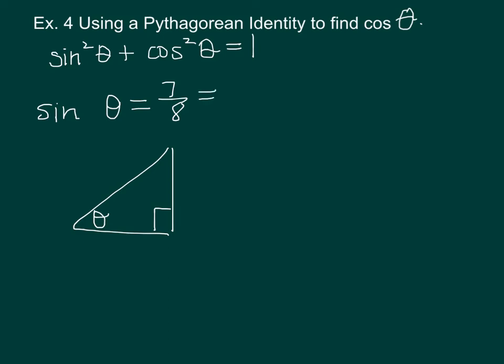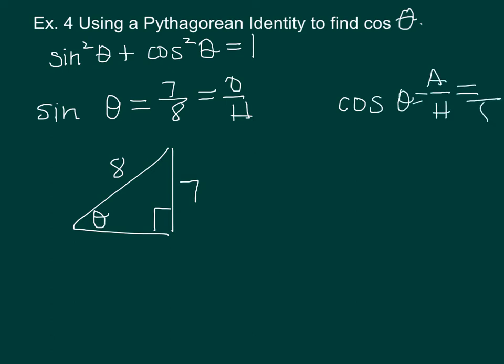Remember, sine is opposite over hypotenuse. You can use the Pythagorean theorem because we have to find cosine, which is adjacent over hypotenuse. We have the hypotenuse, we don't have the adjacent side. So what you do is a squared, which we don't have, plus 7 squared equals 8 squared, and you solve it.